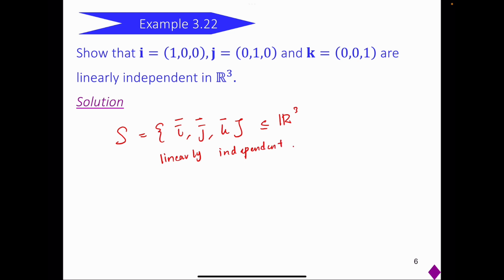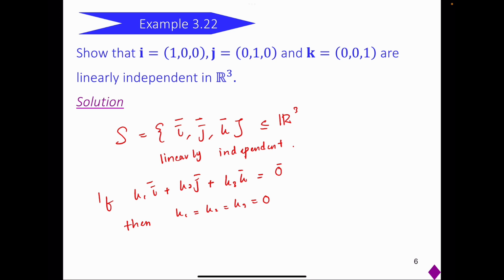To show that S is linearly independent, we have to show that if K1i plus K2j plus K3k equals the zero vector, then the only possibility for K1, K2, K3 is that they are all zero. We don't have any other values except all zeros.